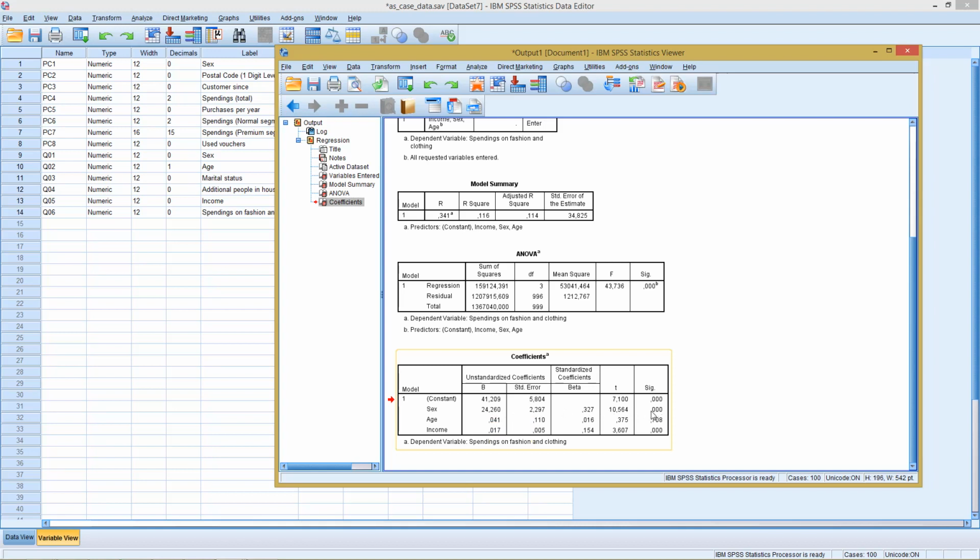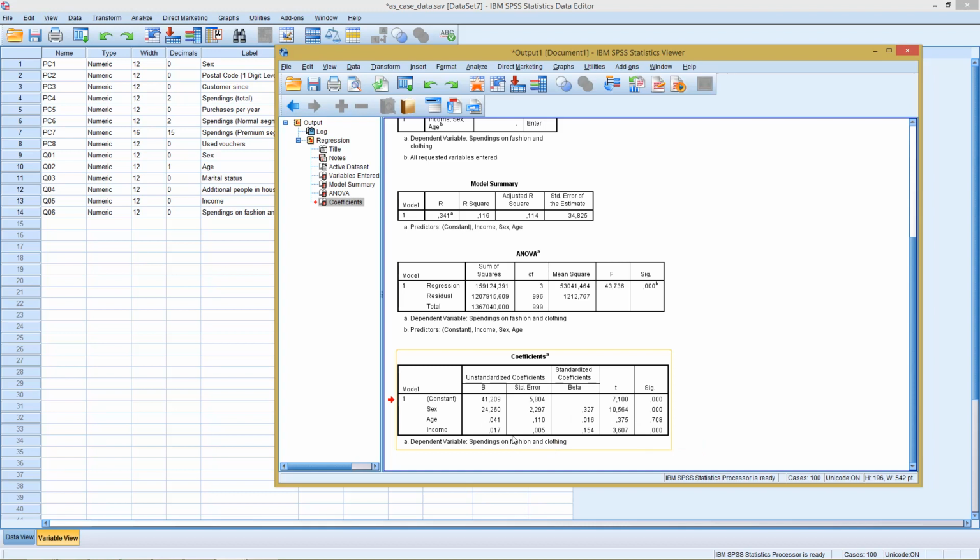Then we can see, as this value and that value are smaller than 5%, that sex and income have a significant impact on spendings on fashion and clothing, but age with 70.8% is clearly larger than 5%, so age does not have a significant impact on fashion and clothing.